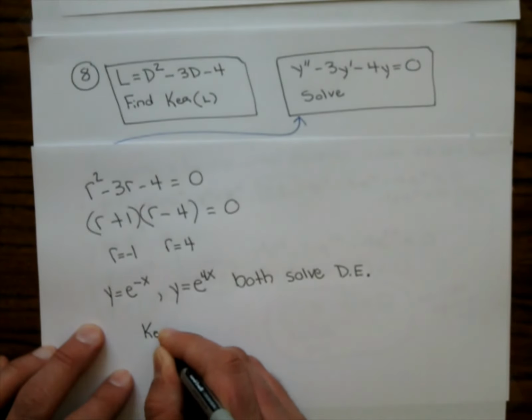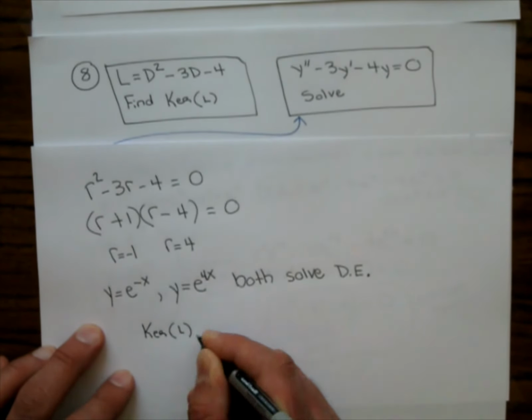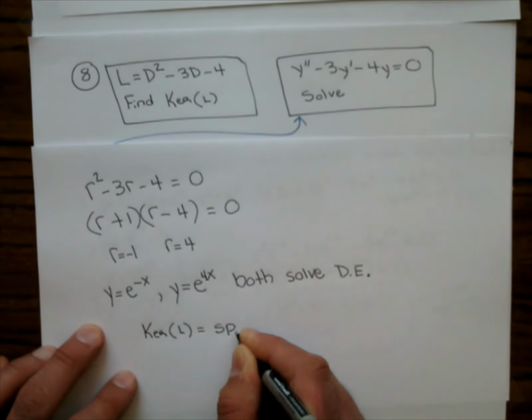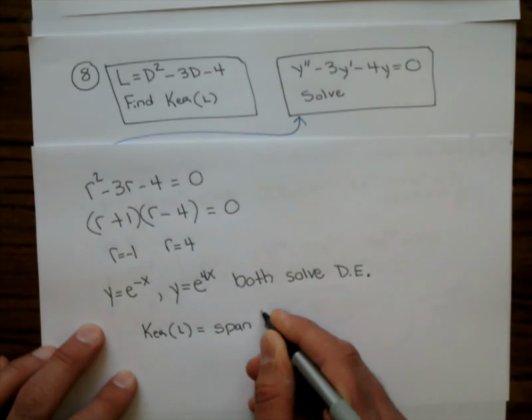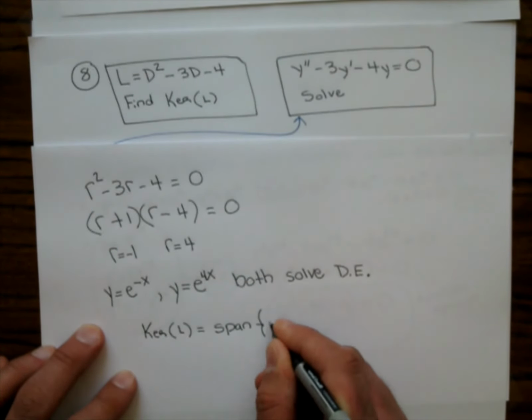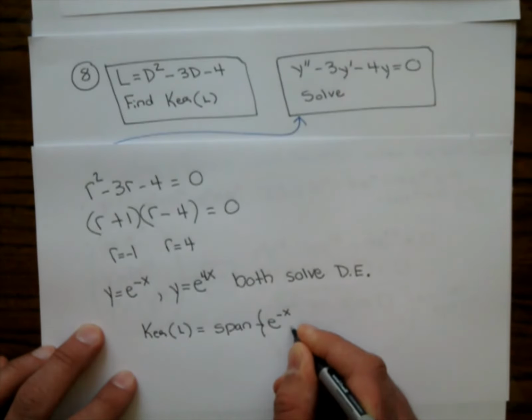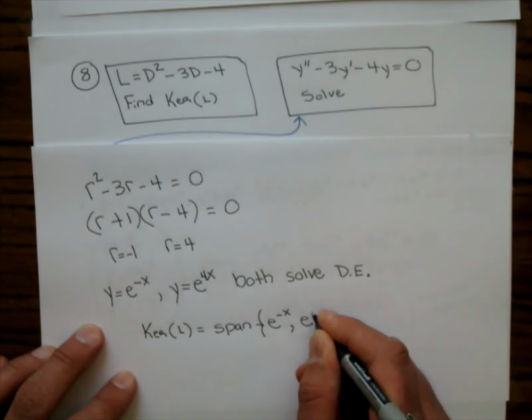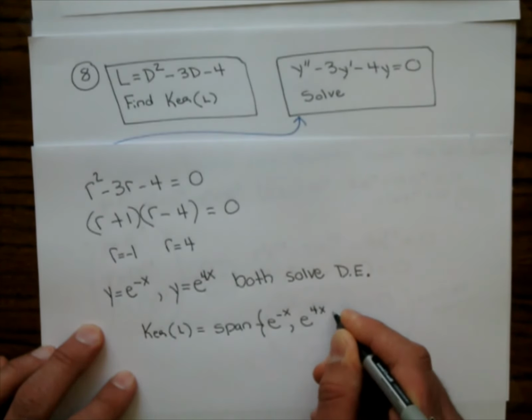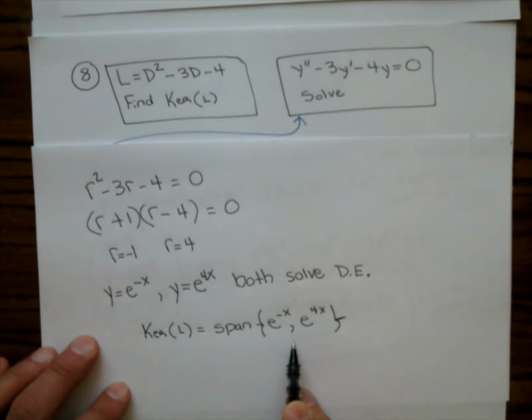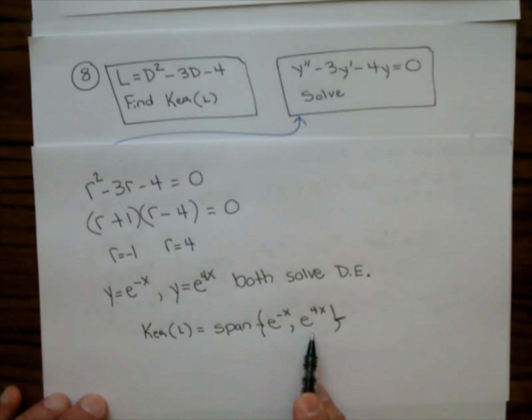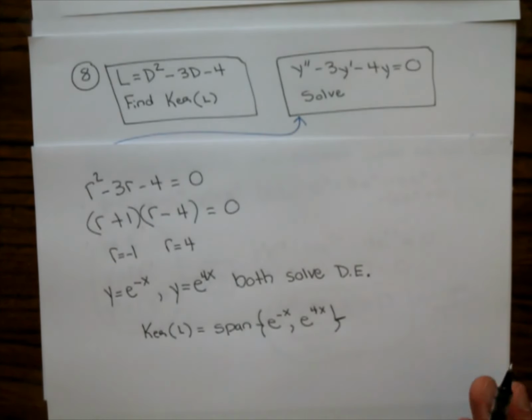So the kernel of L equals the span of e to the -x and e to the 4x. Both of those are independent. With 2, you just have to check to see if they're scalar multiples. But if you want to run this through the Wronskian and show that it is non-zero, go knock yourself out.